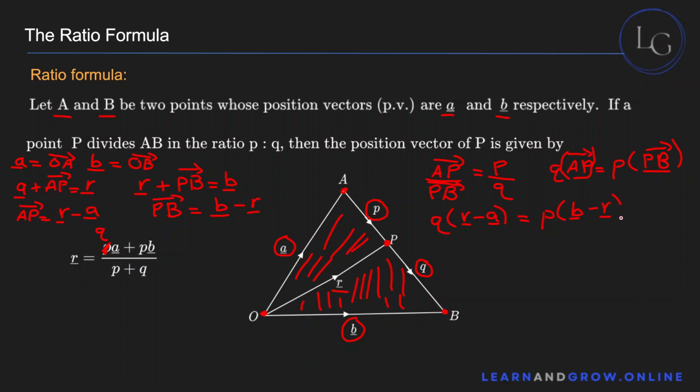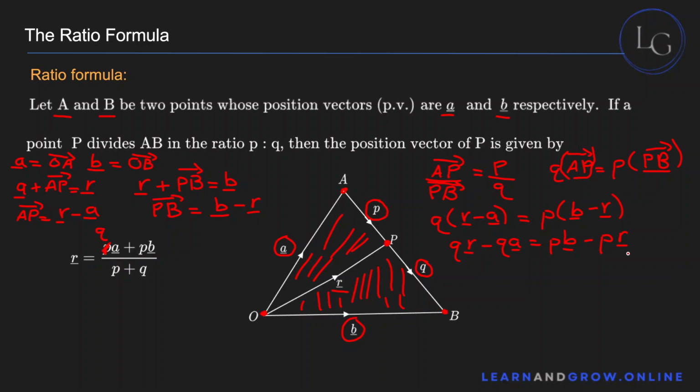Now let's expand this, multiply it. So qr minus qa is equal to pb minus pr. Now, since we need to find r, we'll take the terms with r in them on one side and everything else on the other side. So we have qr on the left hand side and pr on the right hand side.